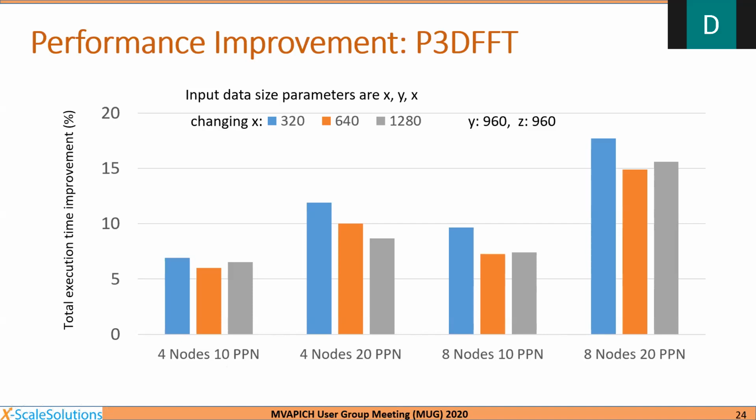As you can see, when the number of nodes remains the same and the number of processes per node increases, the benefit increases. And if the total number of nodes also increases, the benefit becomes more prominent, more significant. Overall, as the total number of computation threads increases, the communication normally becomes more prominent, and the impact of this offloading becomes more significant.